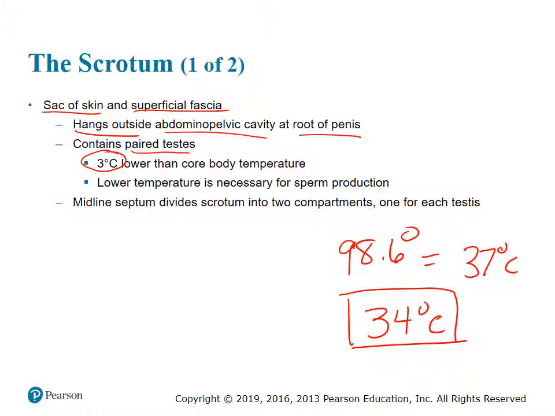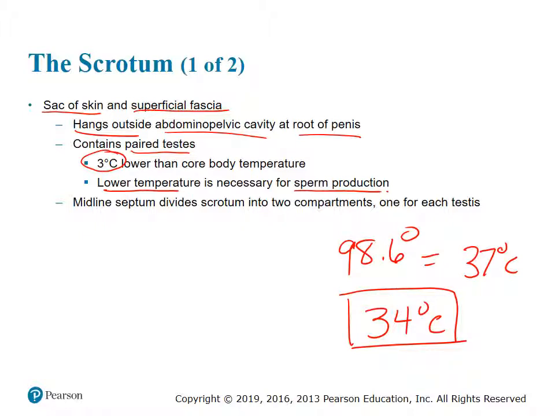Now, as it mentions, we have to have a lower temperature because that is necessary for sperm production. And that is actually true. When you increase the temperature, you decrease the amount of sperm that can be produced. And that equates to the chance of reproducing, which might be important, right?